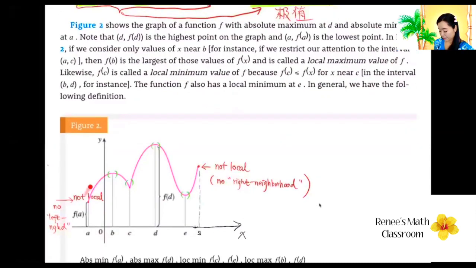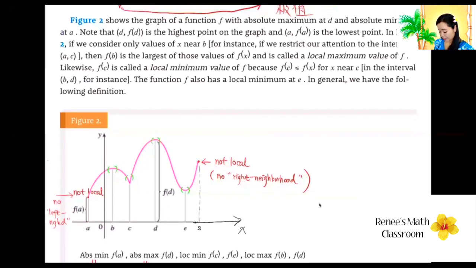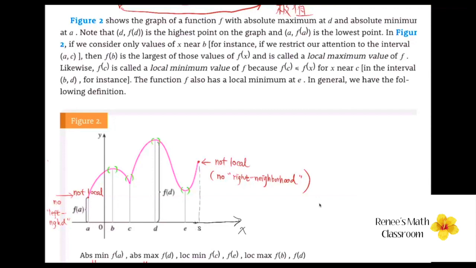I have a graph over here. Notice that right now we consider the function on this interval from a to, let's say, s. Now the graph looks like this. Looking at this graph, what is the absolute minimum here? Anyone? The f of a? Yes, f of a is the absolute minimum.